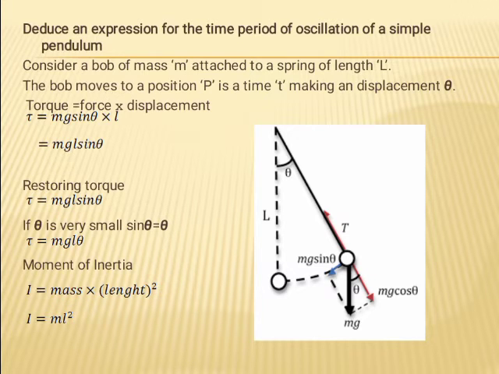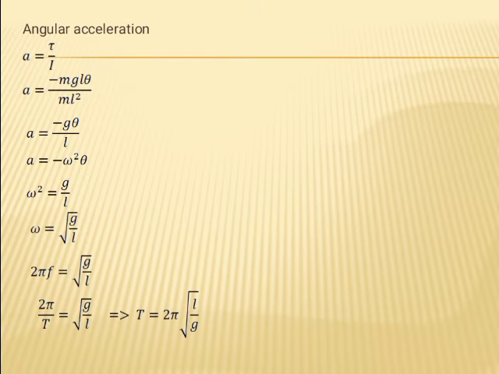Next, continuing, I have angular acceleration. So what is that angular acceleration? It is acceleration happening angularly, so it is making a certain angle. The formula given for angular acceleration is a is equal to tau divided by I, that is moment of inertia.